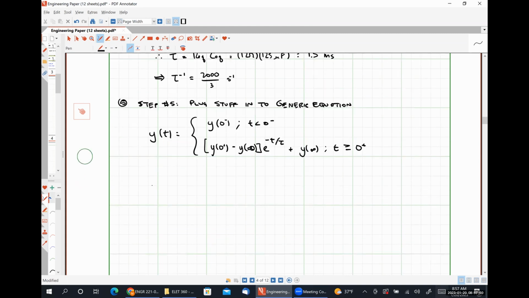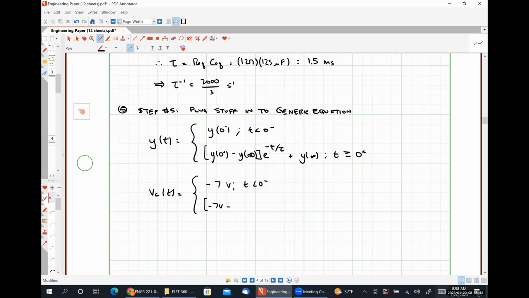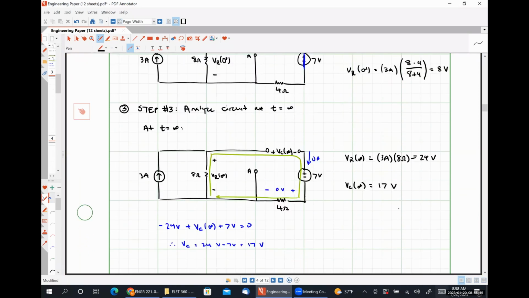So for our capacitor voltage, that's going to look like negative 7 volts here. And then we're going to have negative 7 volts minus y at infinity, which I believe we got to be positive 17 volts.